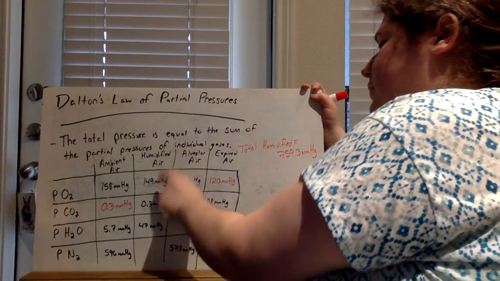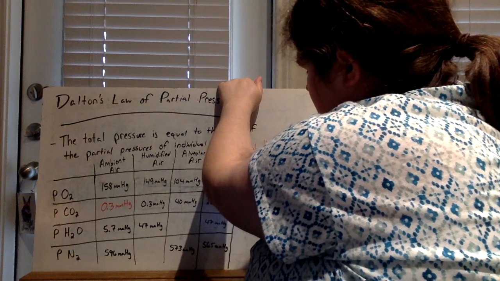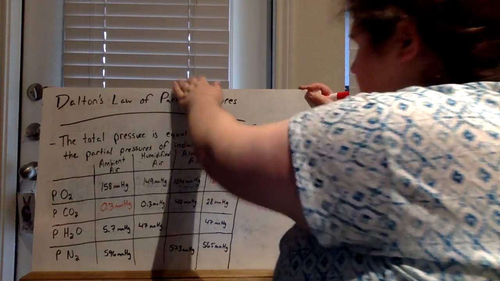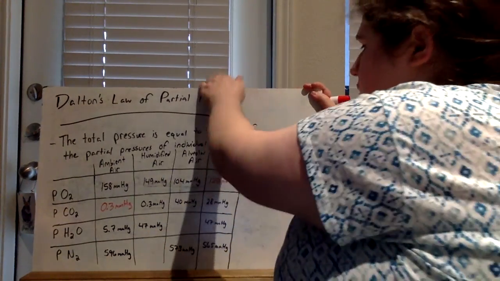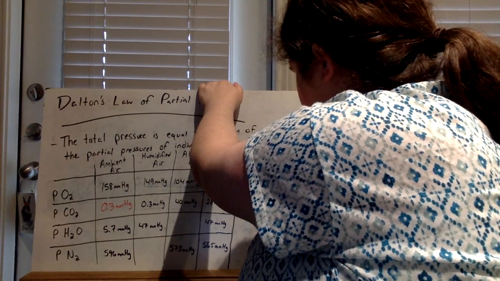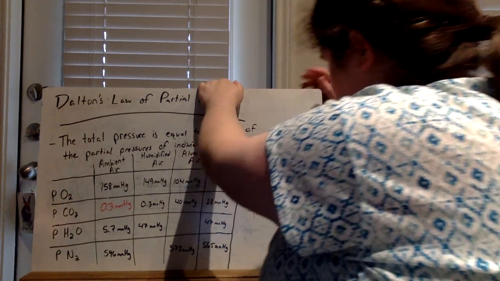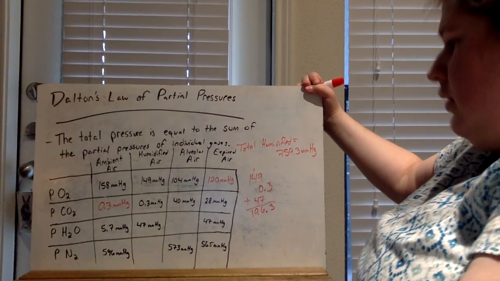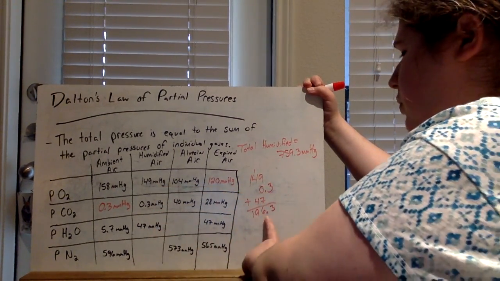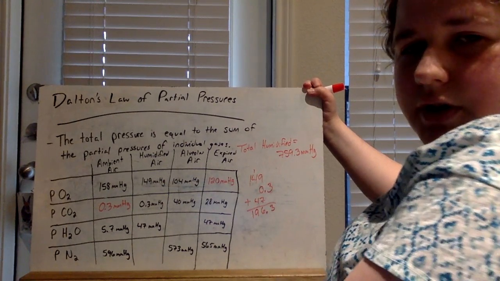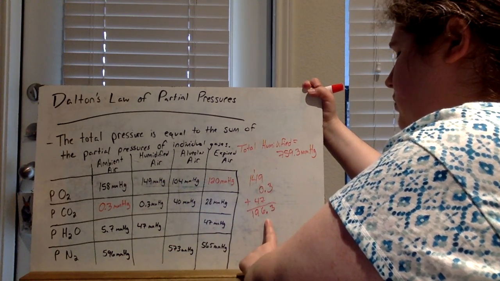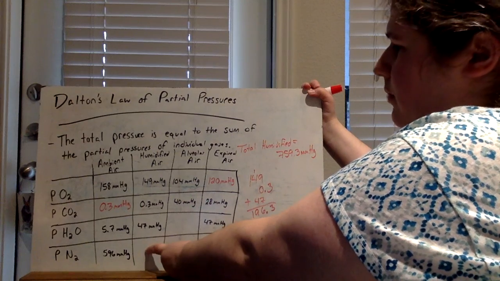Okay, so let's add up what we know. 149 plus 0.3. Make sure that you keep your decimals where they're supposed to go. And 47. Okay, so my partial pressure of oxygen, carbon dioxide, and water here is 196.3 millimeters of mercury. Now we need to find the difference between the total and what I already know to get my unknown, my nitrogen.